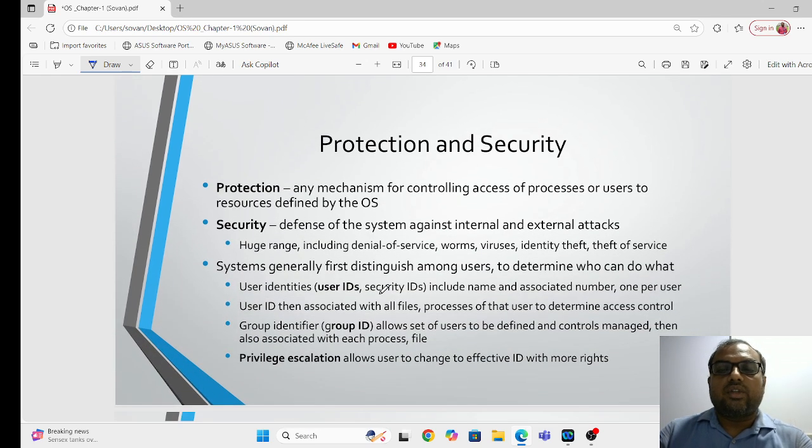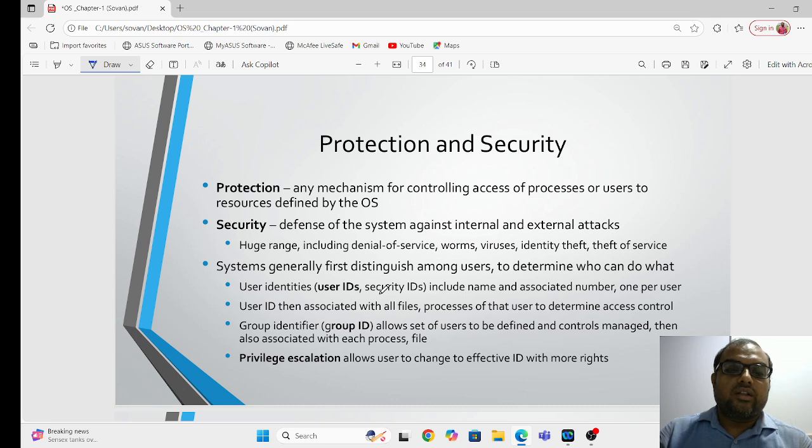Lastly, protection and security are very important, because if our system is not protected, then the operating system first protects our systems, and there are several mechanisms. Via these mechanisms, it can protect our users, processes, or resources.